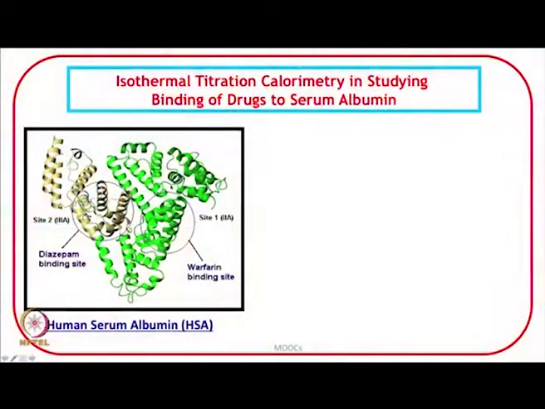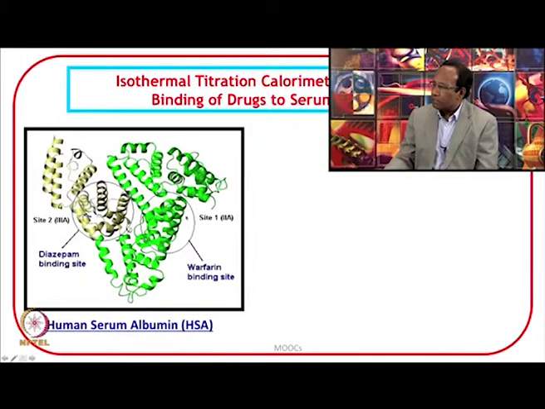Now let us take a look at the structure of human serum albumin. It is a heart-like structure, and the different domains are shown, and at least two sites, site 1 and site 2, are shown here. But nevertheless, because of the heart-like structure and the kind of shape it presents, a variety of molecules can bind to it.